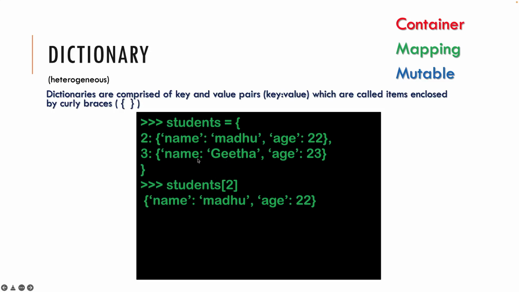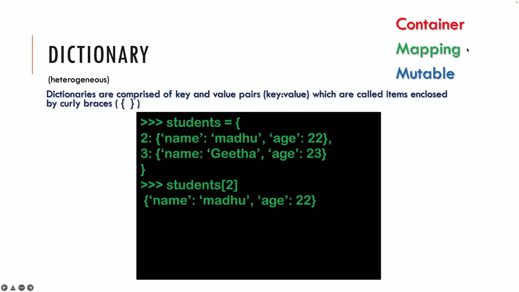And you can see here, it looks like an index, no, here it is a key. So I use the 2, which is a key, so I can refer to that using a key. And then you can chain this with the subscription operator. Since you are able to retrieve student of 2, another dictionary, you can refer to the Madhu by using the key name.